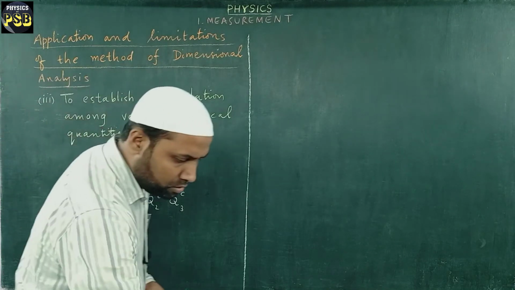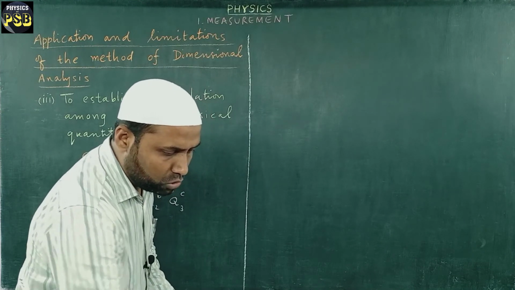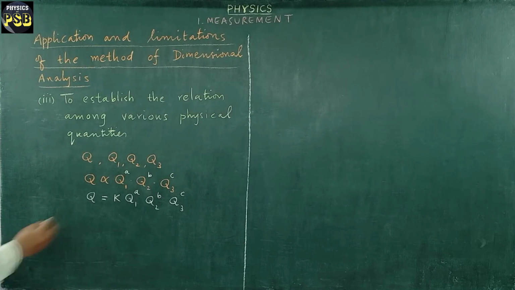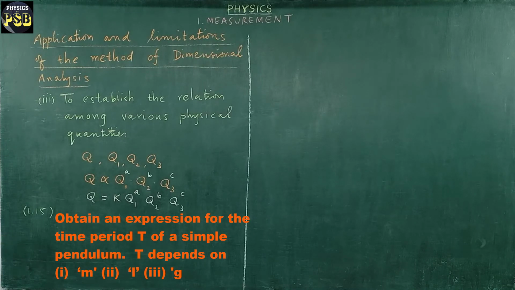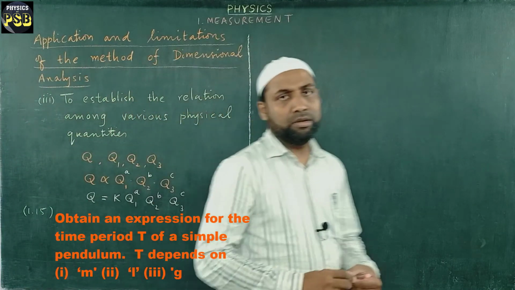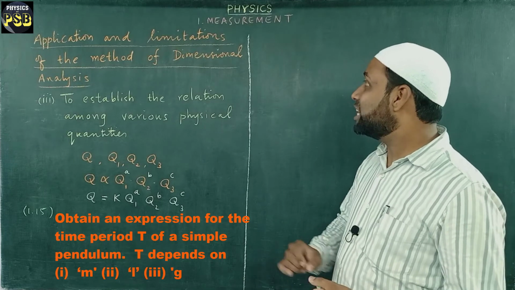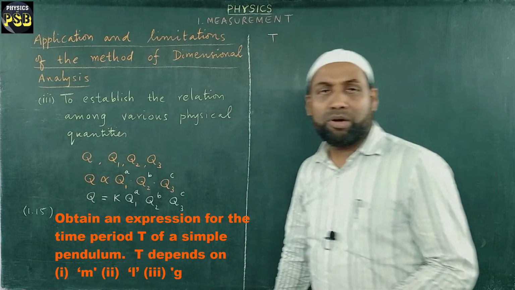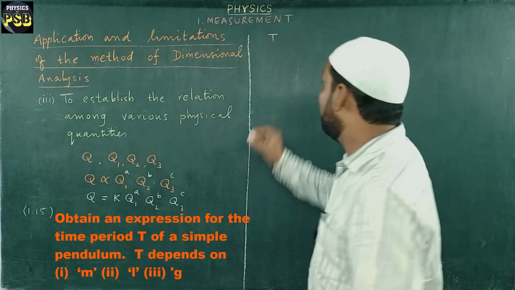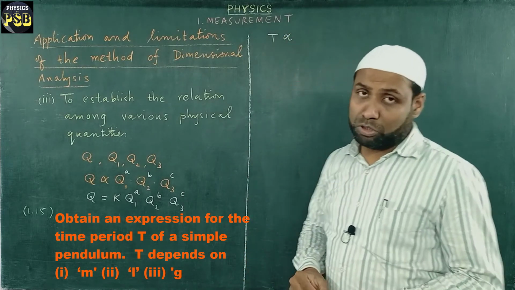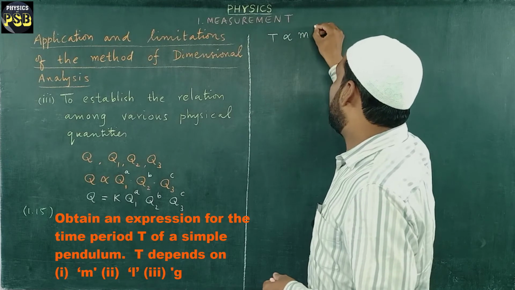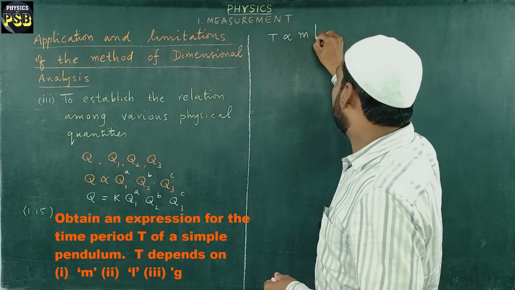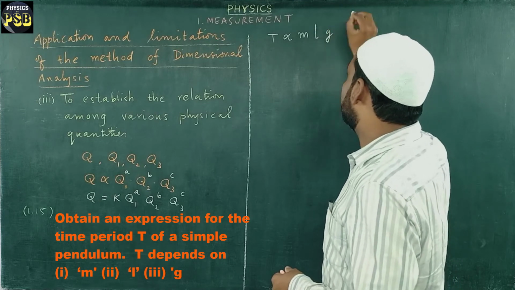First, I'll solve problem 1.15. Here, we are asked to get the expression for time period T for a simple pendulum, which is said to depend on mass of the bob, length of the pendulum and acceleration due to gravity.